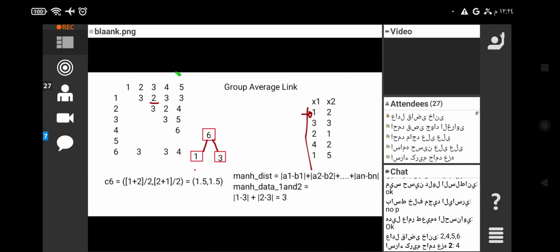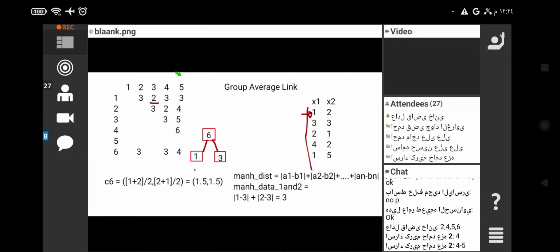The distance between 4 and 5 is 6, but the distance between 2 and 4 is 2. So the nearest clusters are cluster 2 and cluster 4. So we put it here, cluster 2 and cluster 4.